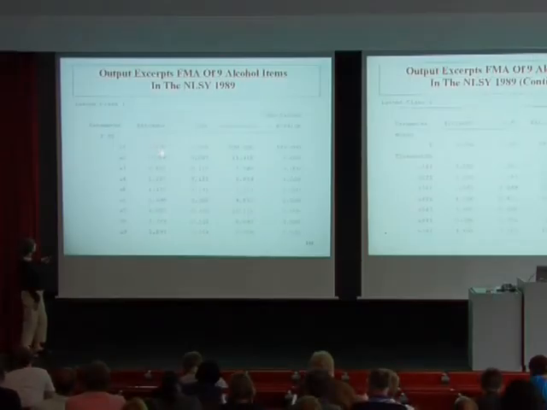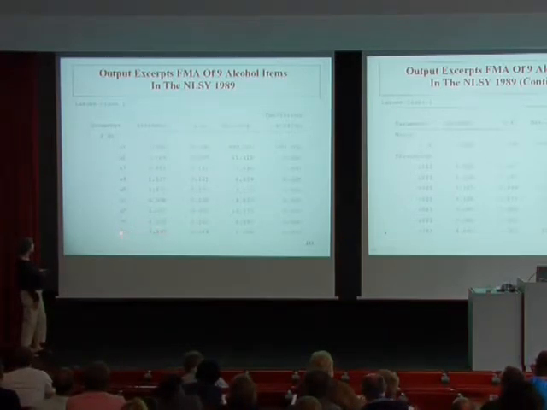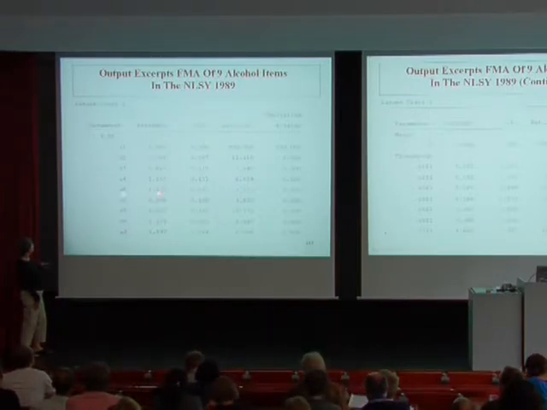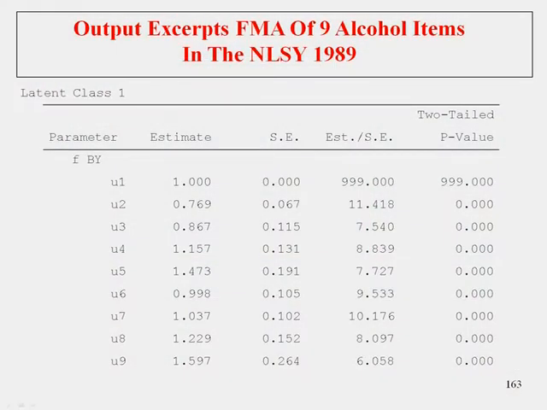And you can take a look at this to see which of the items are most important. For example, U9, U5, carry more weight in this severity factor than some of the other items like U2. And I don't remember exactly which they are, but you can look back at the thing to see that.